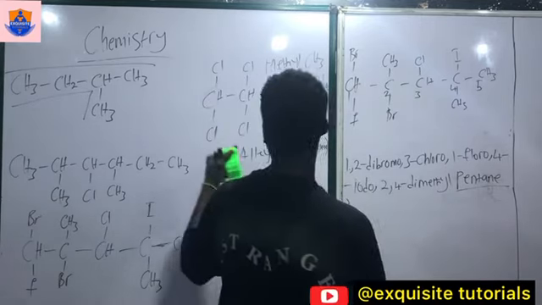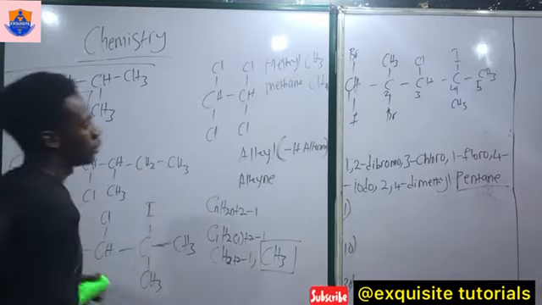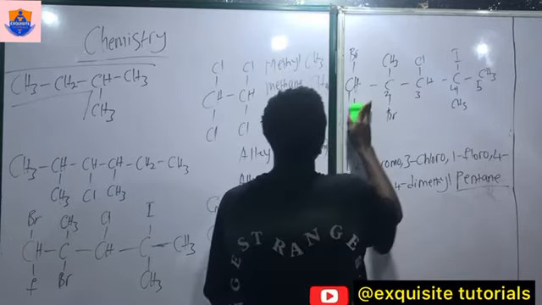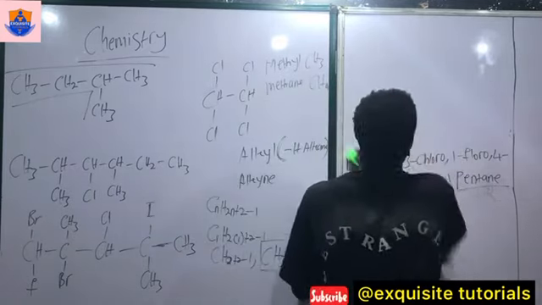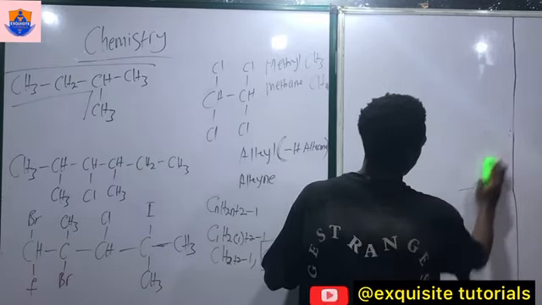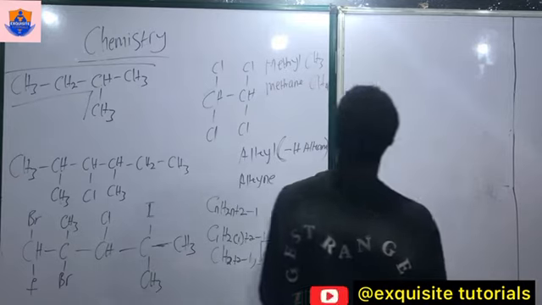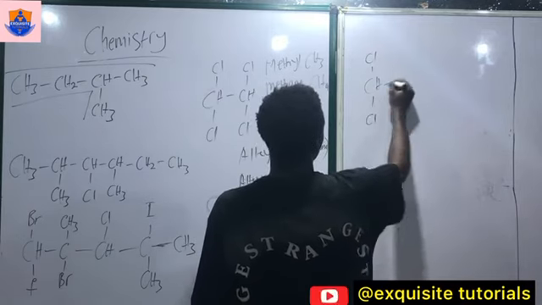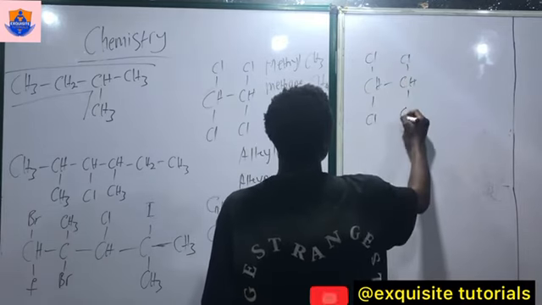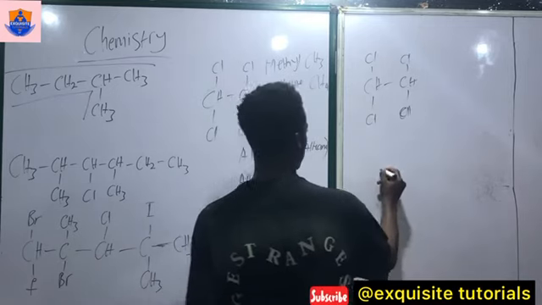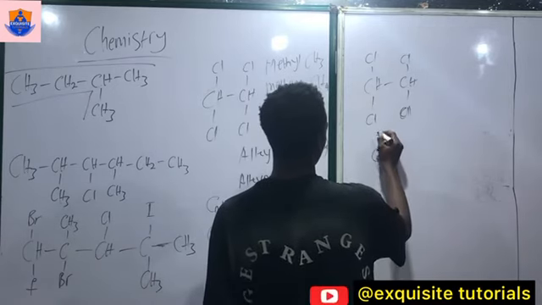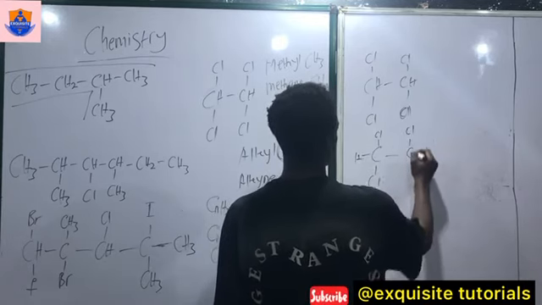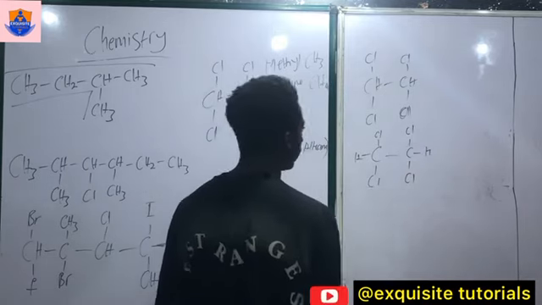Okay, so now let's take a look at this one. This one is a bit simple though. We have CH, now let's name this. We have Cl, okay, so now let's name this.